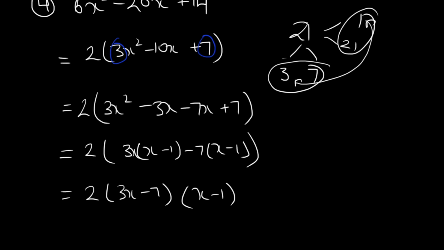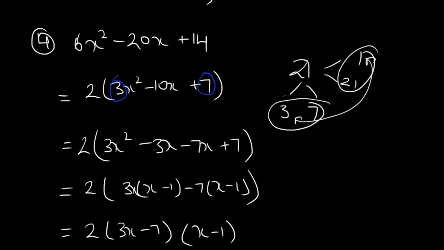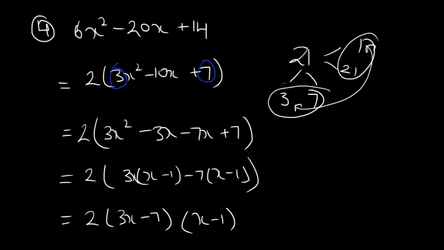There's nothing that you can further take out from these brackets. Whereas if we went from this line here, and we didn't factorize our 2, we'd most likely have this 2 inside, so we'd have something like 6x minus 14, for example, or 2x minus 2. And in order to fully factorize it, we would have to factorize that 2.